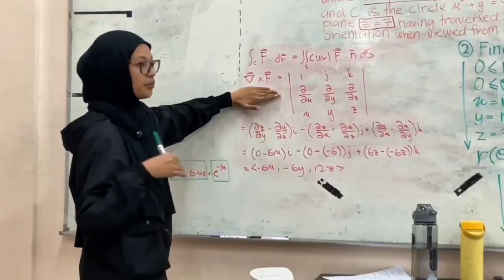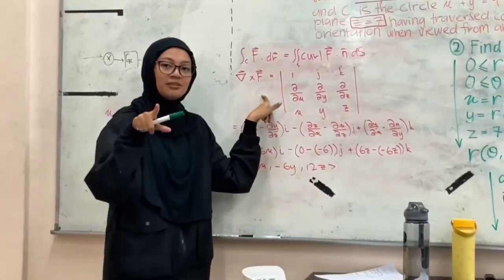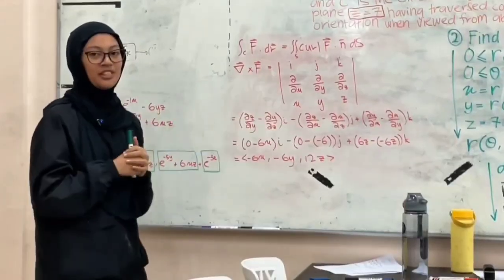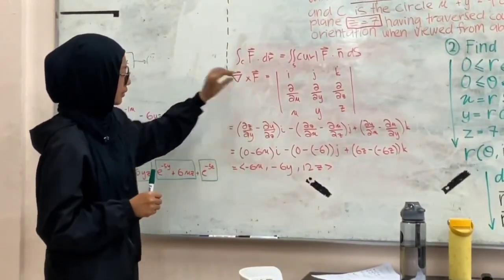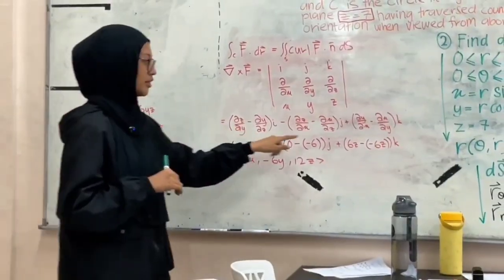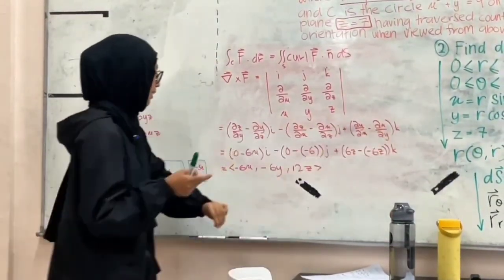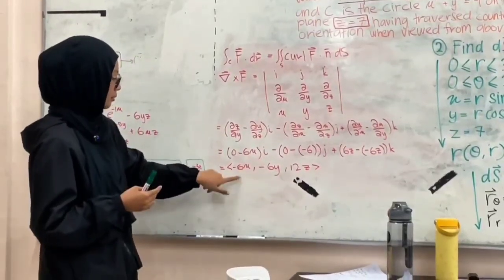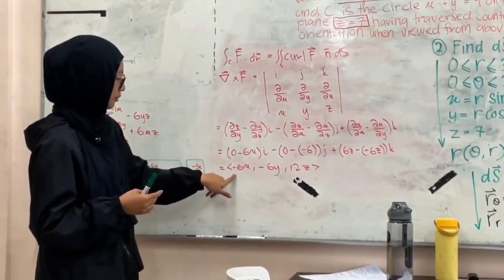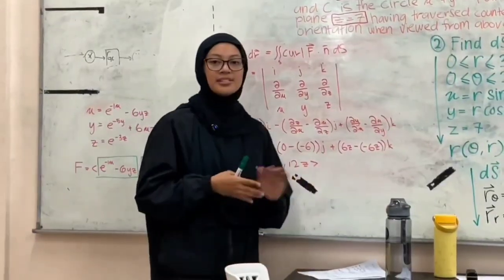This is how we find it. I think you are all familiar with this kind of calculation. Next, after we write this down, just do some calculation, and don't forget your i, j, k. Then when we simplify, we will get the curl of F, which is negative 6x, negative 6y, and 12z.